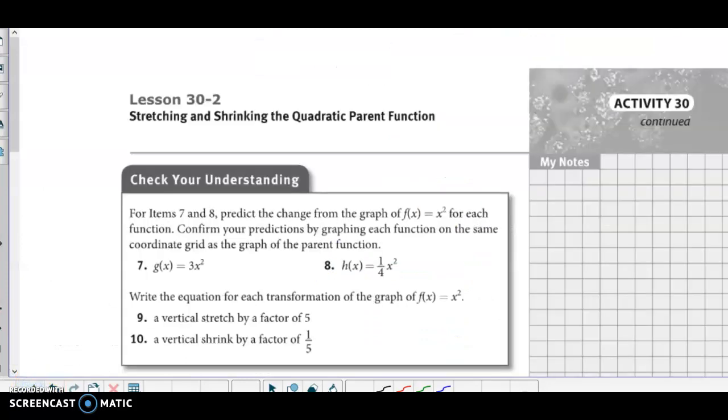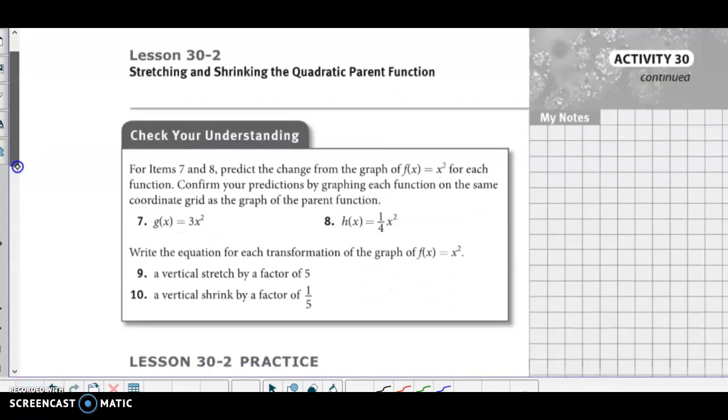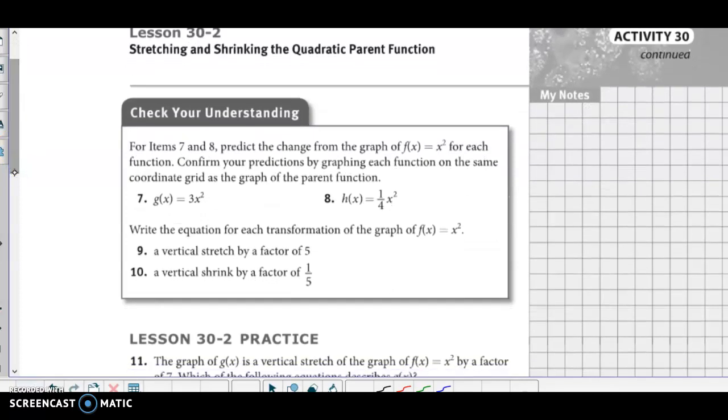So based on that, we can look at a couple of practice problems and I'll give you some check for understanding. So if you want to try these, you can pause me and then come back and check yourself. For 7 and 8, predict the change from the graph of y equals x squared for each function. Confirm your predictions by graphing on the same grid. So this is going to be a vertical stretch.